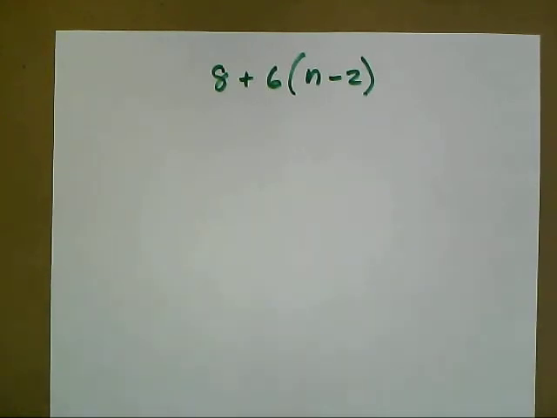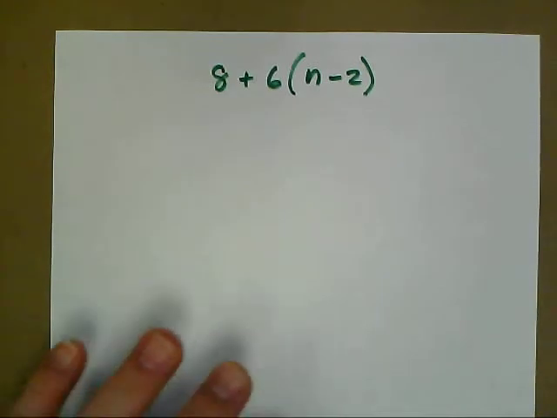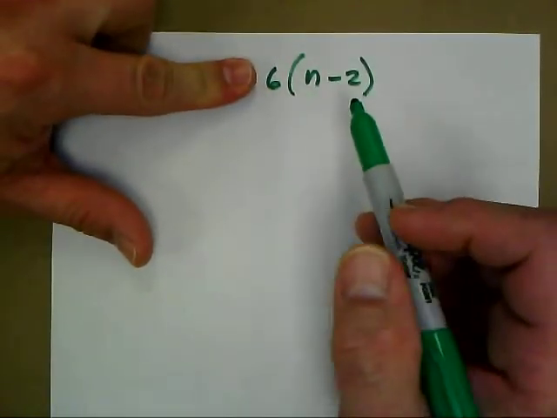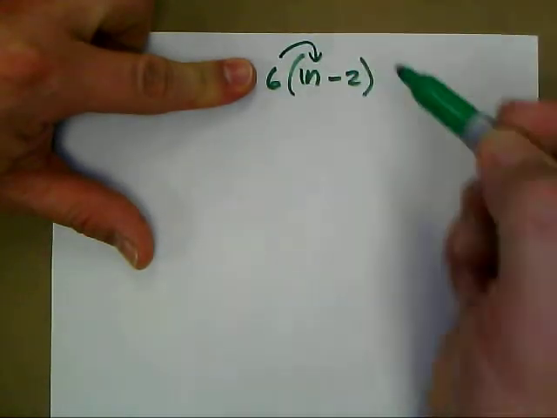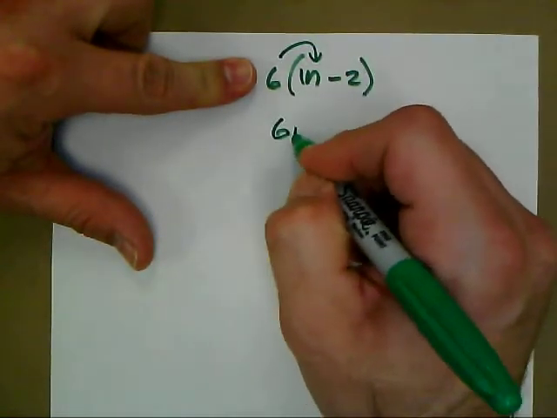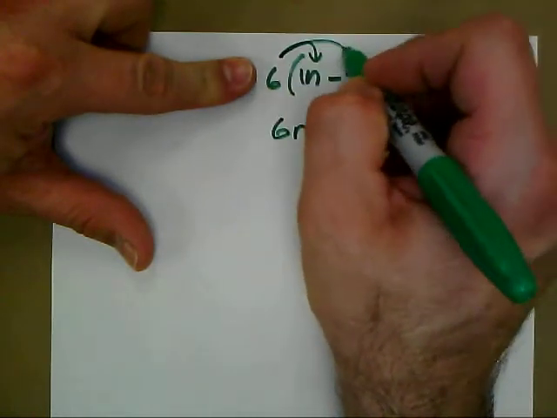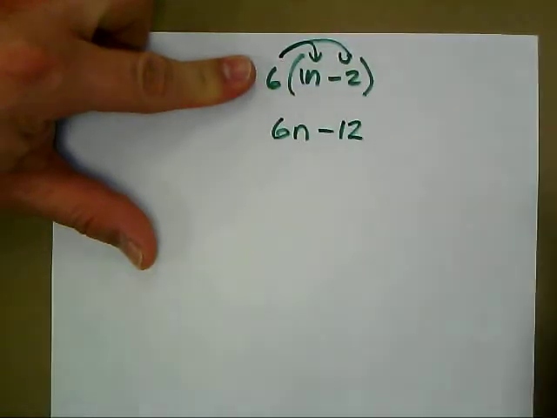I believe this one is number 4. Again, we're just going to look at the distribute part of it because it's distribute first, then combine like terms. So we're going to distribute the 6 times 1n, so that's 6n. 6 times 1 is 6. We counted the n's, it's just 1. 6 times -2 is -12.